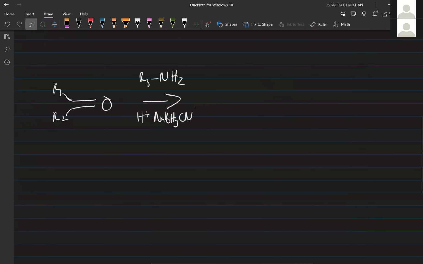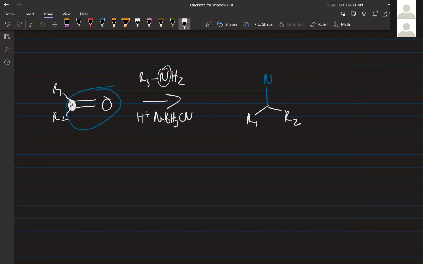The final product, let's say this was a quick way to think about the final outcome. We'll do the mechanism right after this. So this bond here is going to be our carbon-nitrogen bond, attached to it are R1 and R2. Essentially we replace this carbonyl with a bond between this carbon and our nitrogen from our amine, and then that's attached to any other R groups it might have.